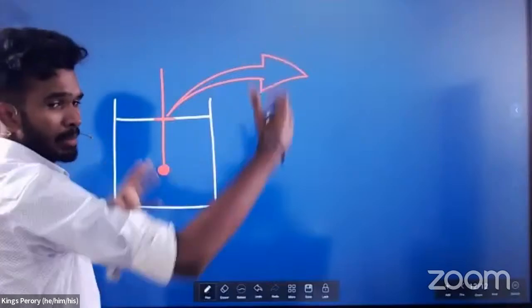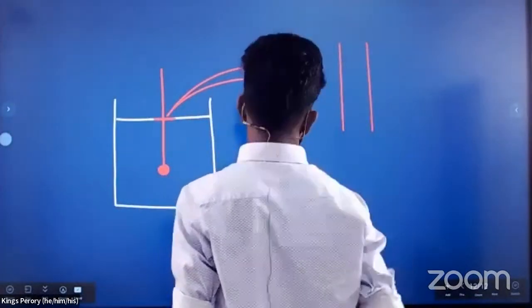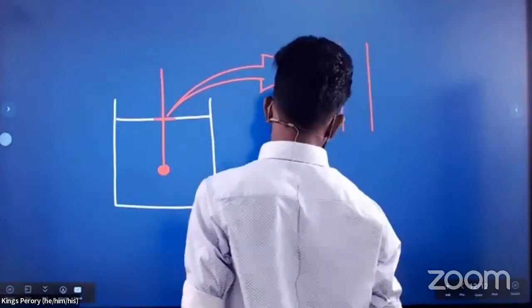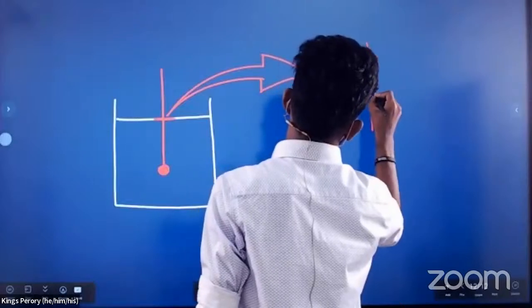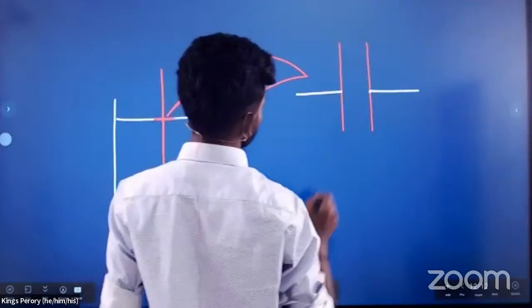If I draw it a bit bigger, this is the hydrometer. This is the liquid level. This is the scale.